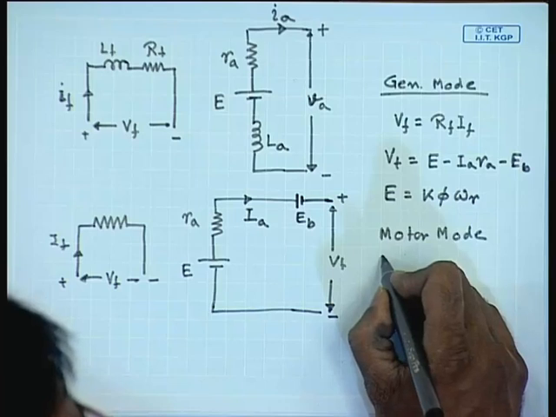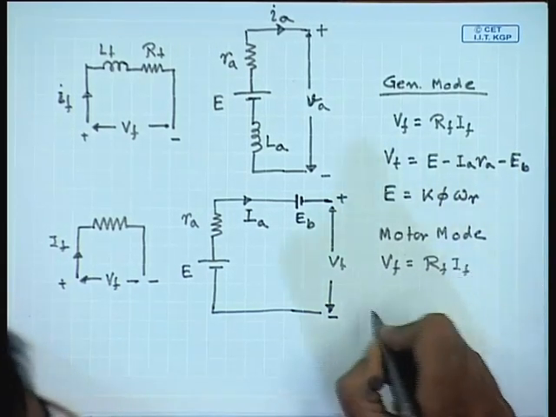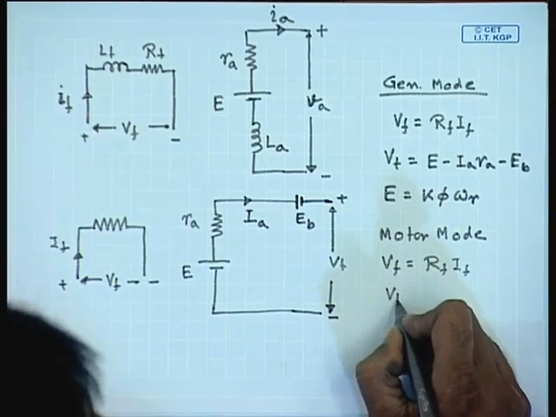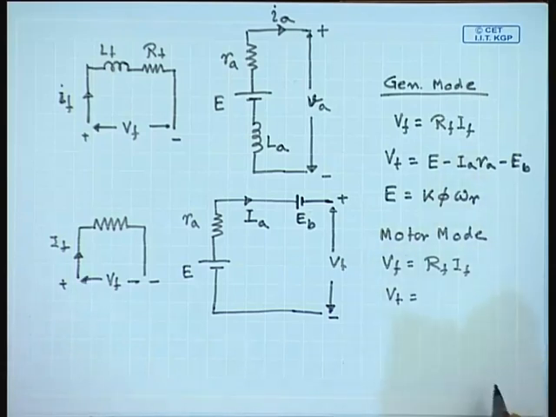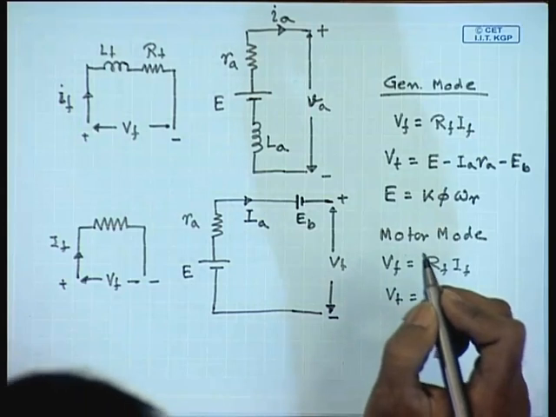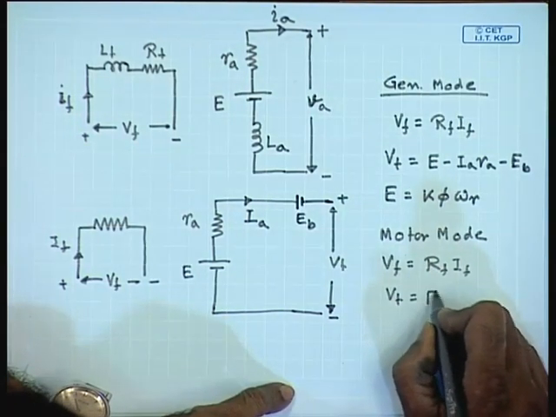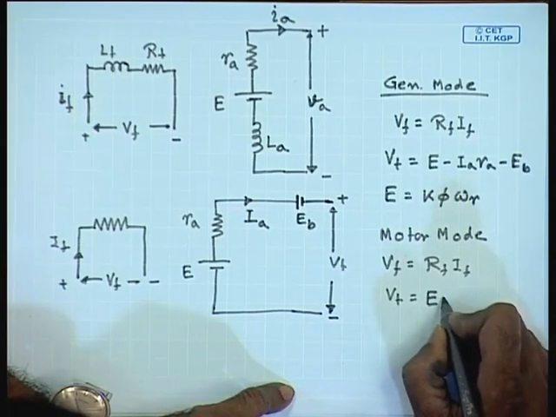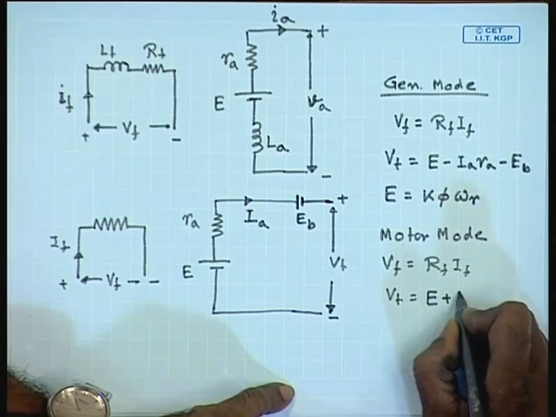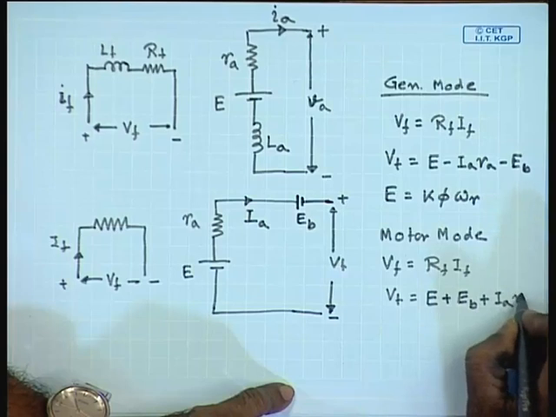So, we will write Vf equal to Rf If, Vt equal to E plus Eb plus Ia Ra.